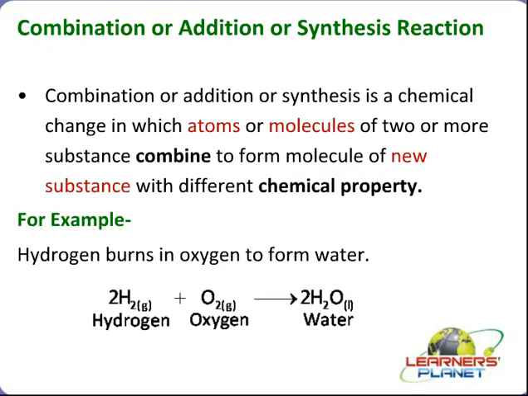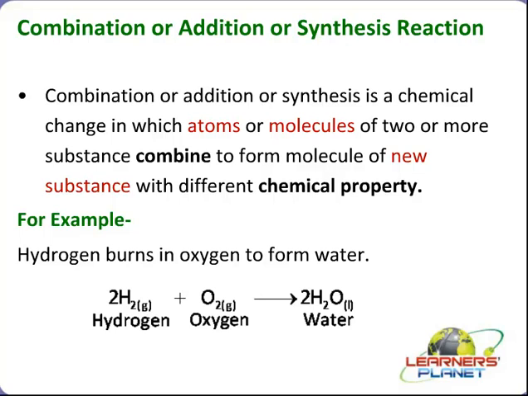Combination, as the word indicates, means to combine. That is, two substances are combining and a new product is formed. Addition, it's the same thing. The two substances are being added and a new substance is formed. Synthesis reaction. Why is it called a synthesis reaction? Because again a new substance is synthesized or formed.